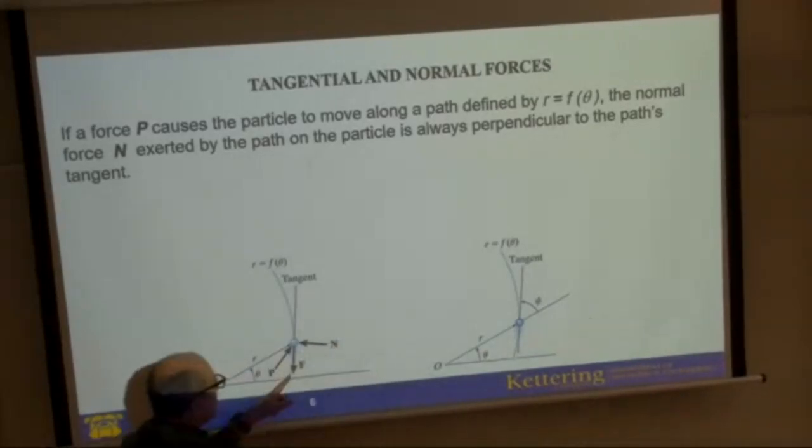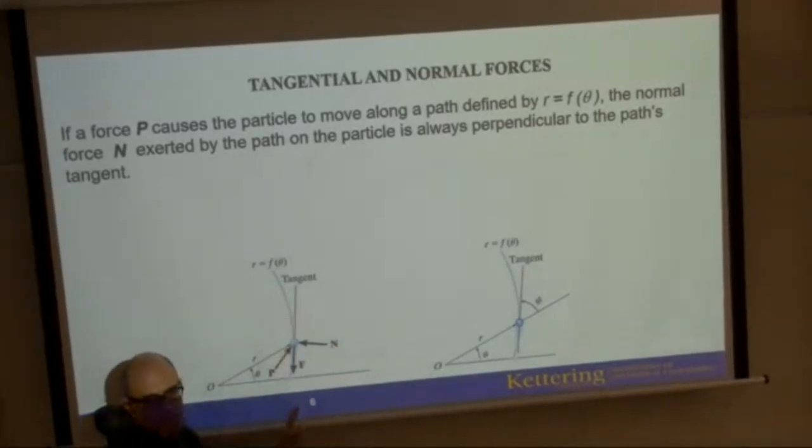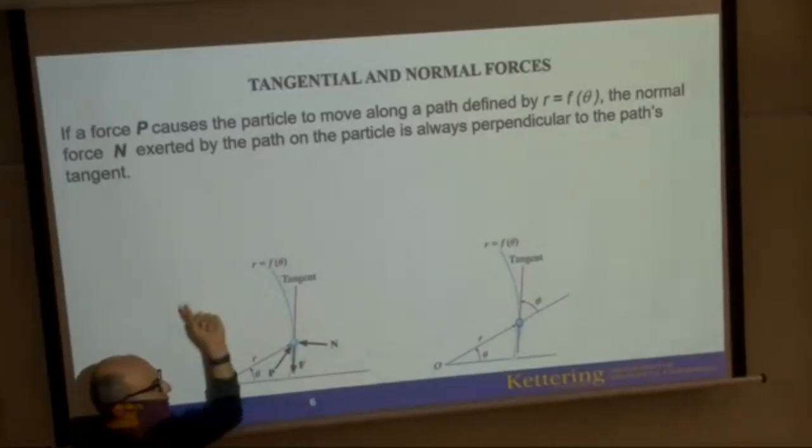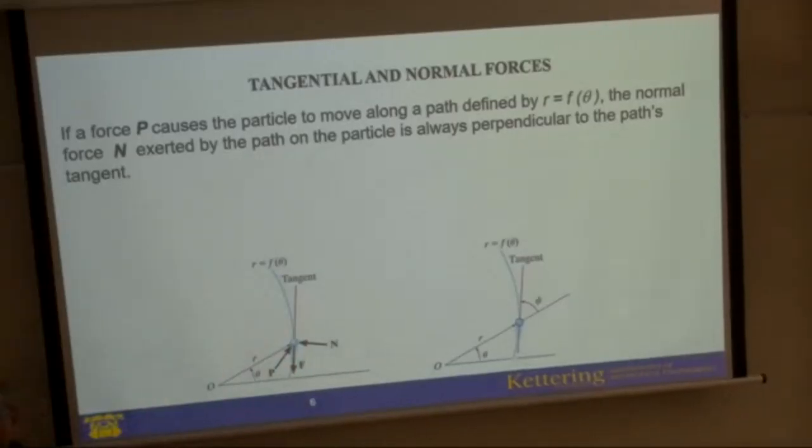Also, the frictional force will be along the tangent line, but in the opposite direction of the motion. I will give you a hint to remember this and to see that it is consistent for other motions.